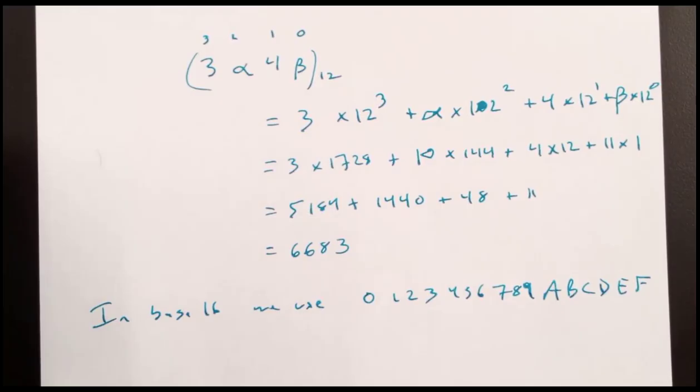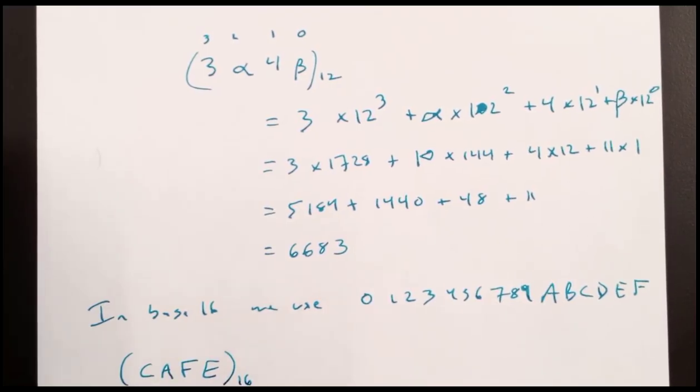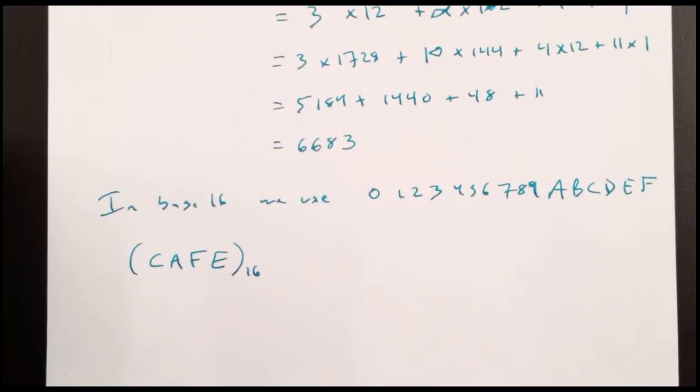Which means this is a number. Cafe. That's absolutely a number. In base 16. Isn't that ridiculous? The symbols can be anything I want.